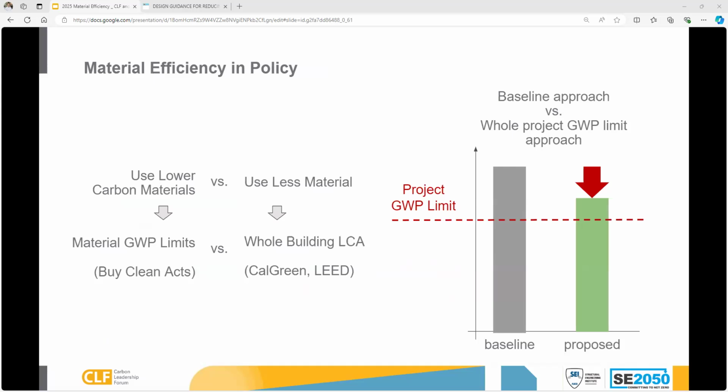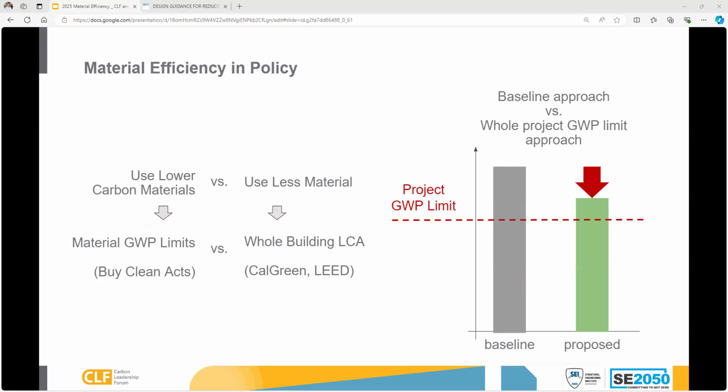And then this is just highlighting some of the ideas from policy. So just making that link here. Again, what Megan was saying, where using lower carbon materials has led to material GWP limits, which we often find in things like bike lane policy mechanisms, using less material.